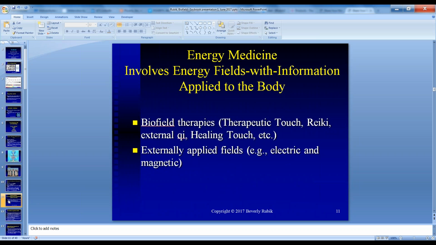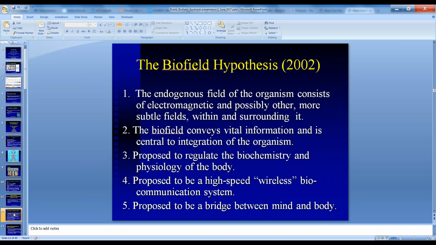So, energy medicine involves energy fields with information. The energy holds the information. The information is critical because the body somehow decodes these frequencies as informational. And that's what we do when we give therapeutic energies, whether that's a laying on of hands type, biofield therapy, or from a device.